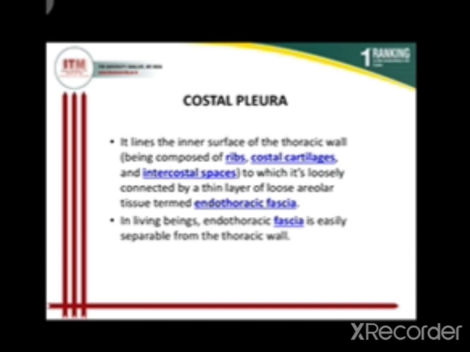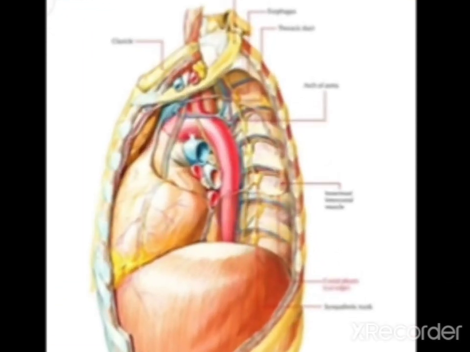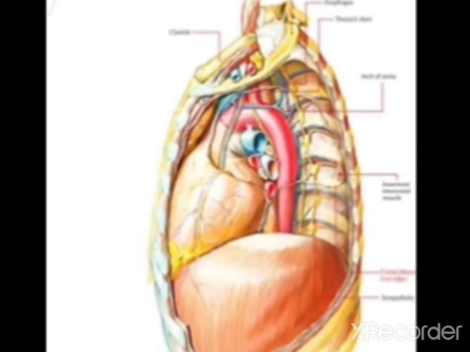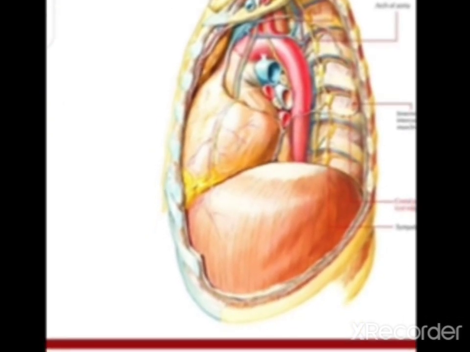Next, you can see here a very nice picture with the various structures. This is the arch of the aorta and the descending aorta, the big red pipe.